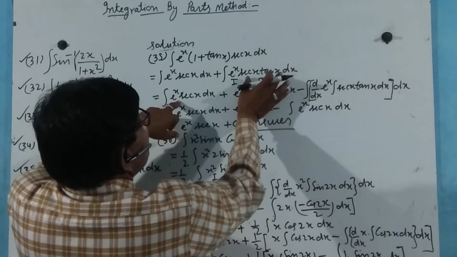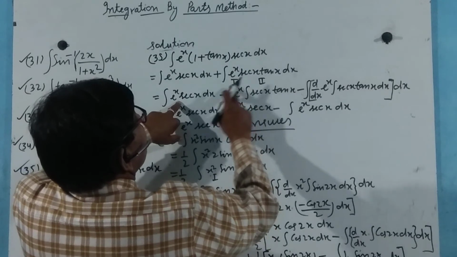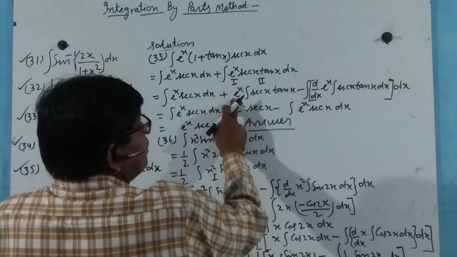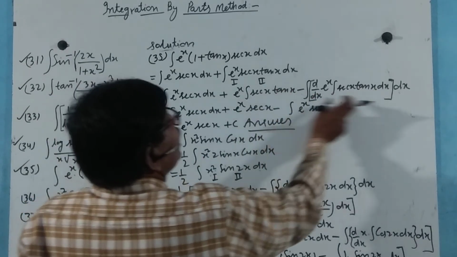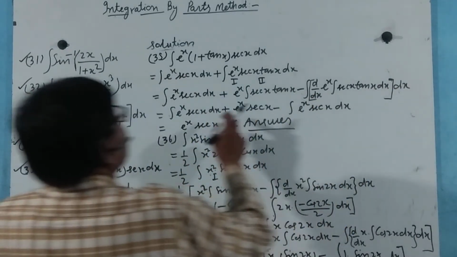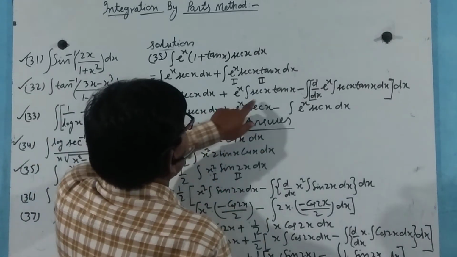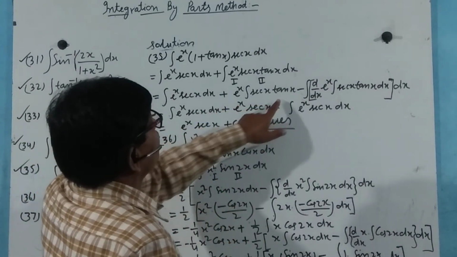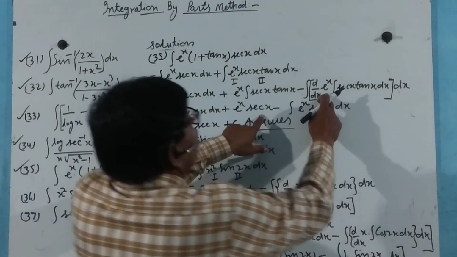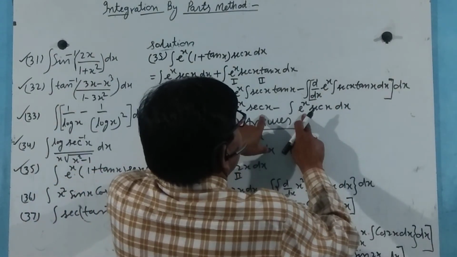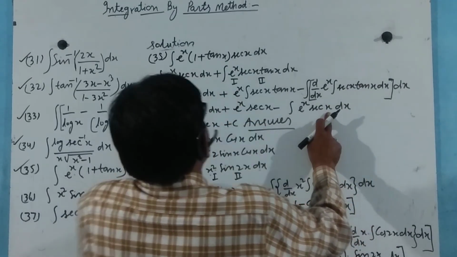because if we expand this, such type of terms occur in this case, so that first function, integration of second function, minus differentiation of first, integration of second, whole integration. These terms come here, and this is the integration of sec x tan x, that is sec x, e to the power x sec x, and here differentiation of e to the power x, sec x tan x integration, this is the sec x dx.